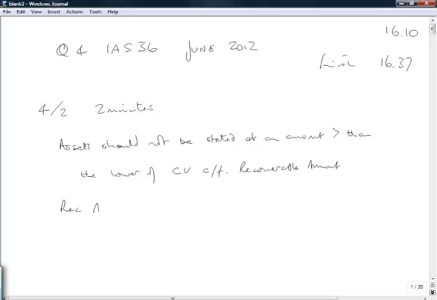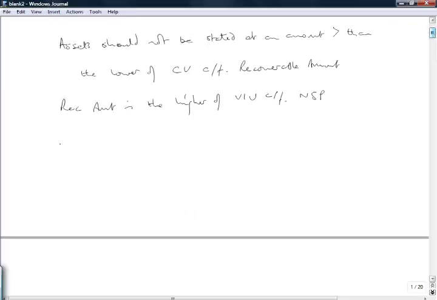Recoverable amount is the higher of value in use compared with net selling price. Value in use is the present value of the net cash flows attributable to that asset. Net selling price is the net price for which the asset can be sold today.